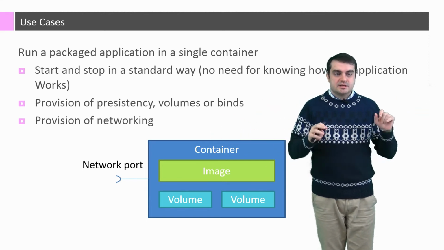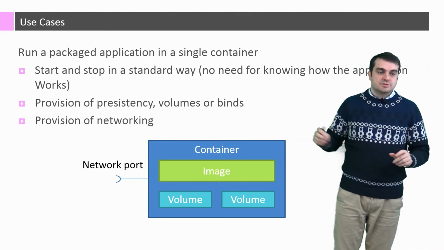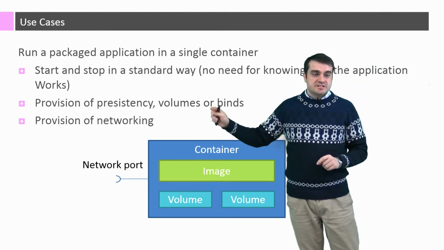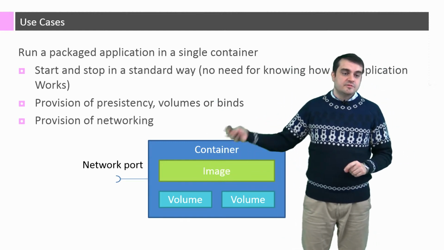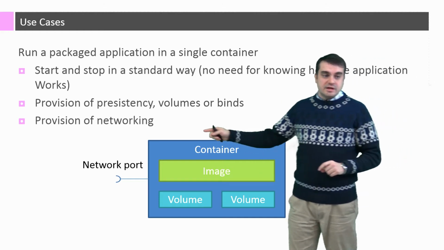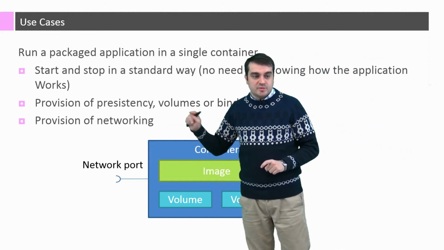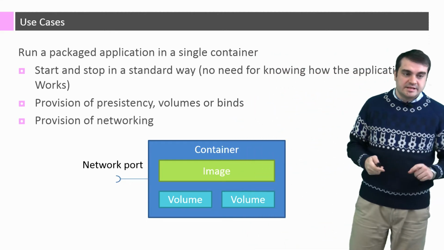If I want to stop it, I just say docker stop the container, and it stops. We can provide persistence through volumes, and we have networking for this container. We say, okay, expose this port to the outside world so we can access this application.